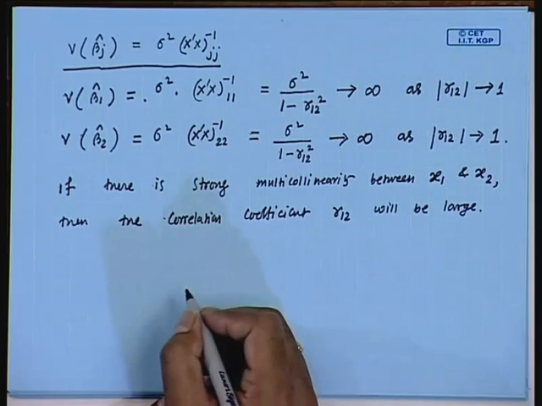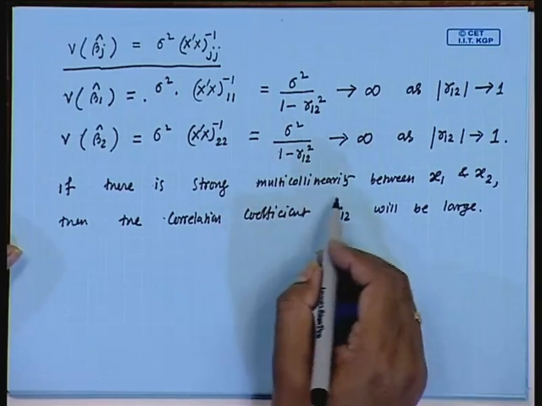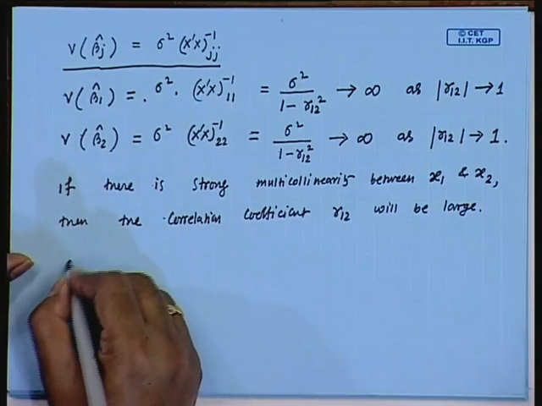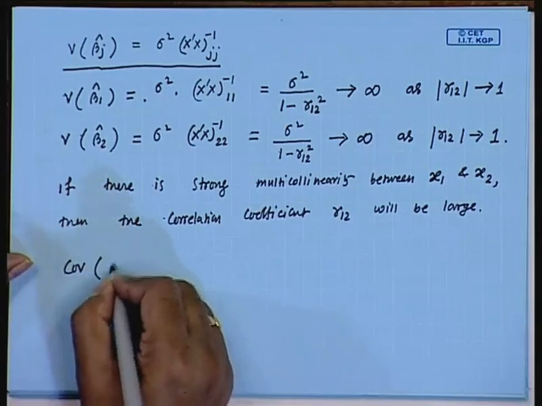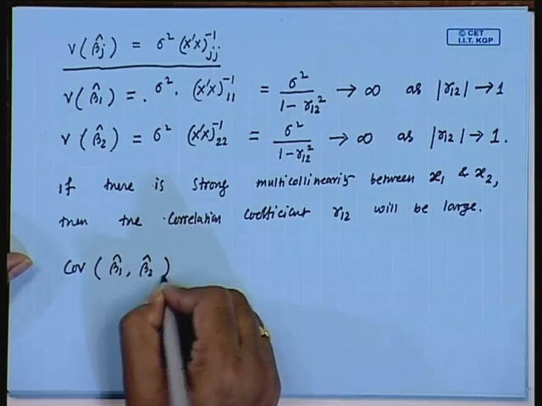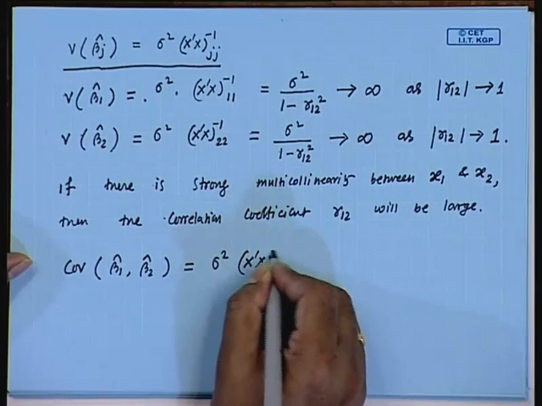Okay. So, also I said that strong multicollinearity results in large variance and covariance. So, what is the covariance of beta 1 hat and beta 2 hat? This is equal to sigma square times the 1/2th element of (X prime X) inverse.